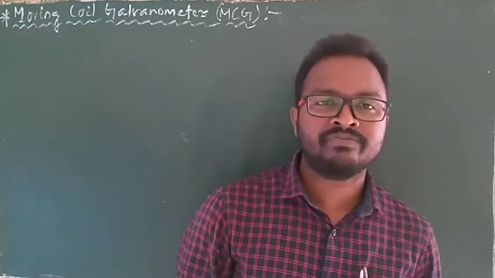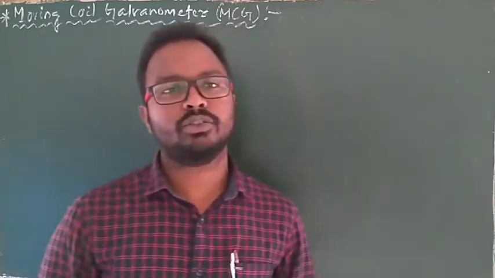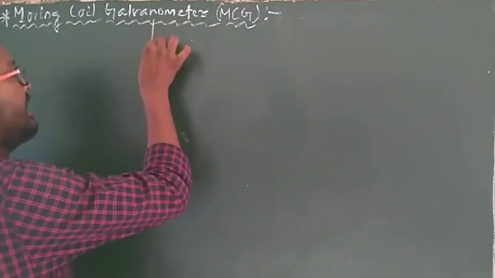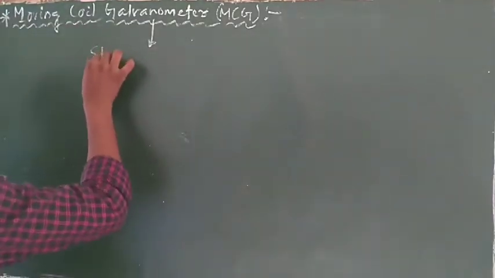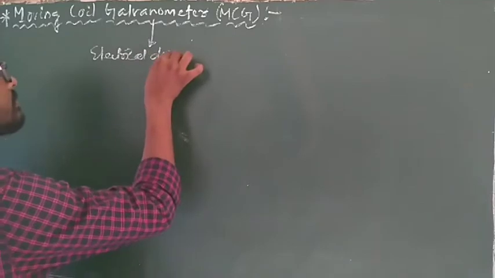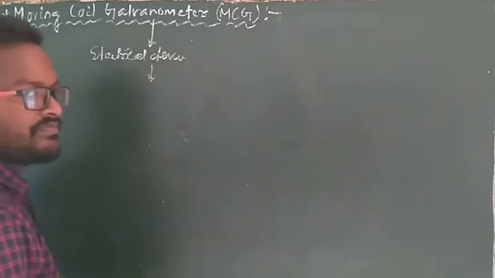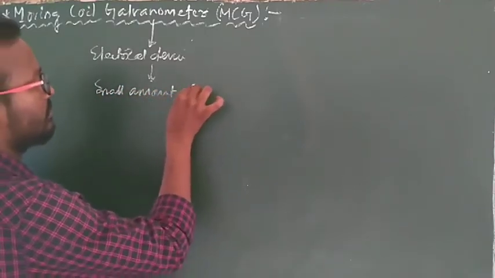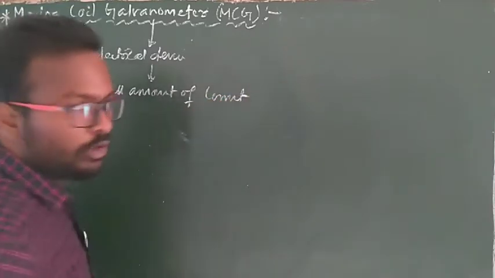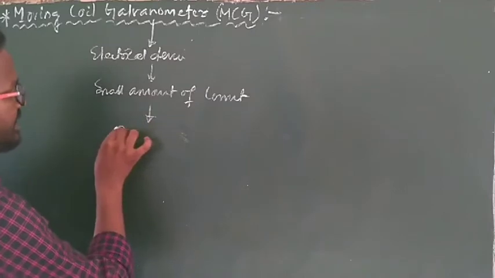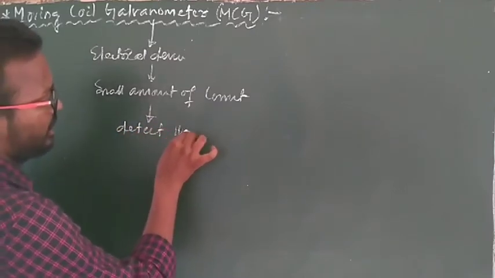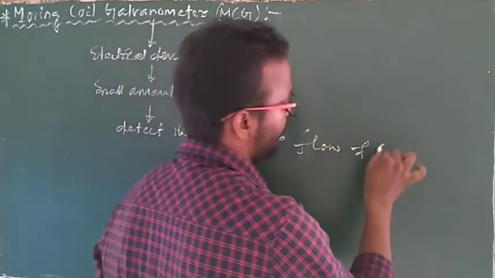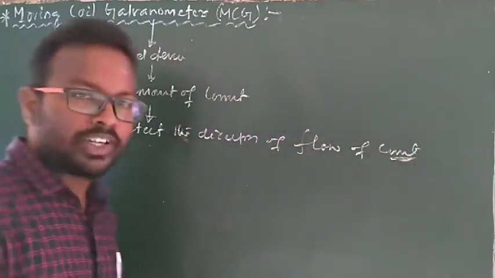Ammeter means we measure current through a circuit, so we use an ammeter. Galvanometer is an electrical device which measures a small amount of current flowing through the circuit, and it detects the direction of flow of current. Clear?